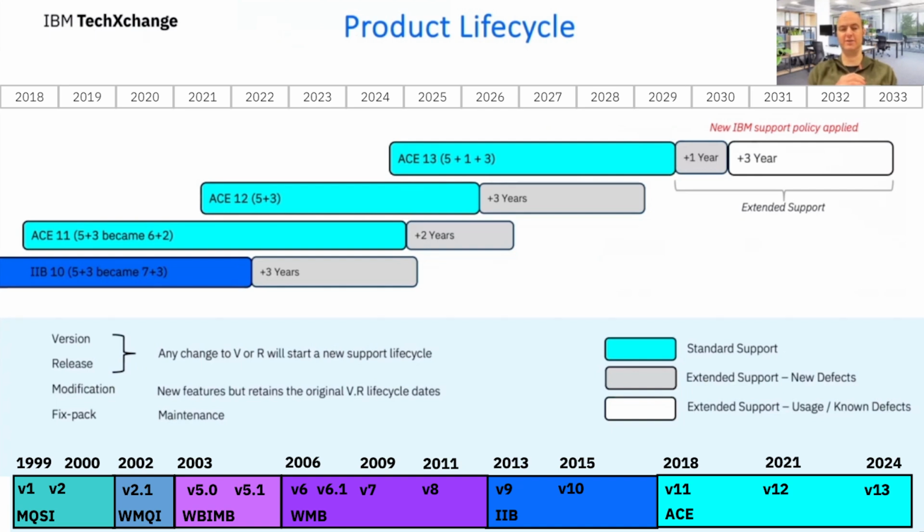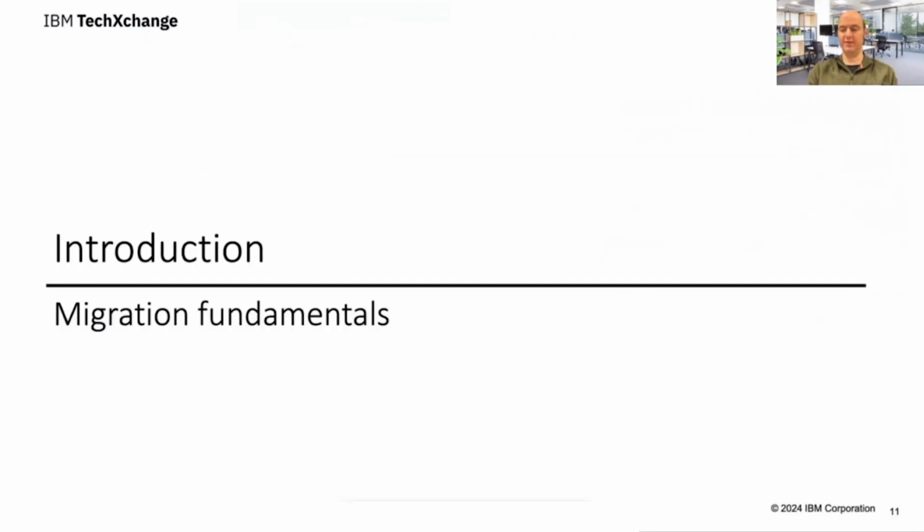So we've got a few customers left on version 10, but a lot of those have migrated to 11 and 12, and so hopefully we can help the rest of you migrate forward over the next year or two. So that's the brief intro of version 13. I definitely recommend checking out some of those other links to the blogs and the replays of the webinars if you want to learn more about 13.